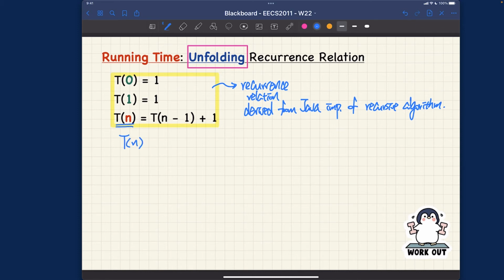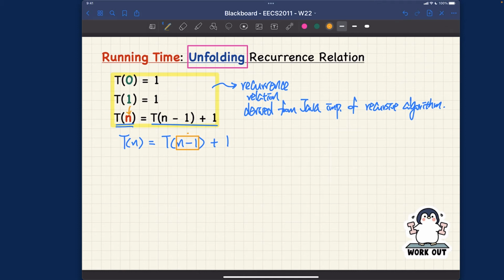By definition, it is equal to T of n minus 1 plus 1. For this part here, it's just by applying this definition. And now you can see that we got n minus 1 over here. So we can simply use this n minus 1 as the n and try to unfold.